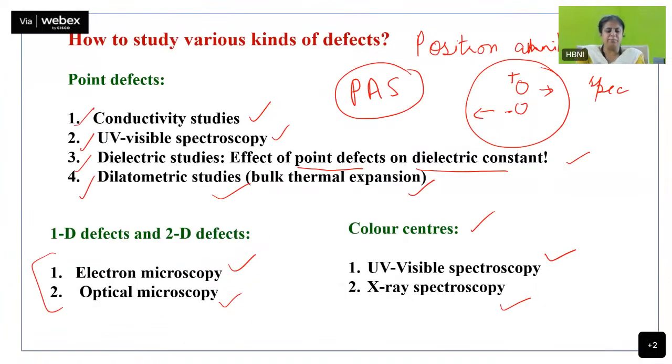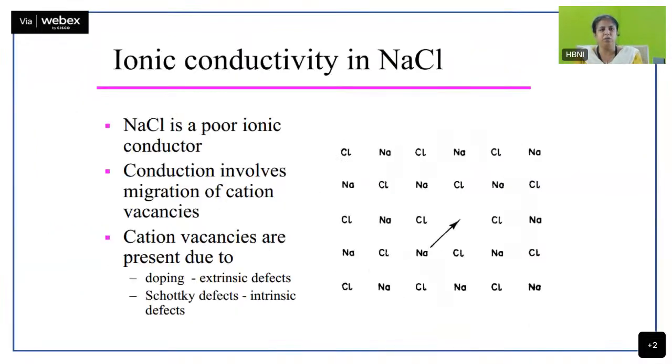We'll talk about this particular thing, the conductivity study, and how you can do it, because that's a nice way to understand the concepts. Okay, let's just talk about NaCl. First and foremost, I'm sure I've discussed it when we were talking about structure-property relationships. How can a material conduct? You have to give it pathways.